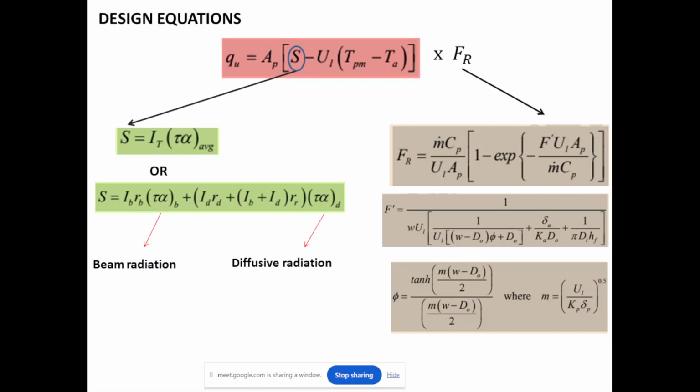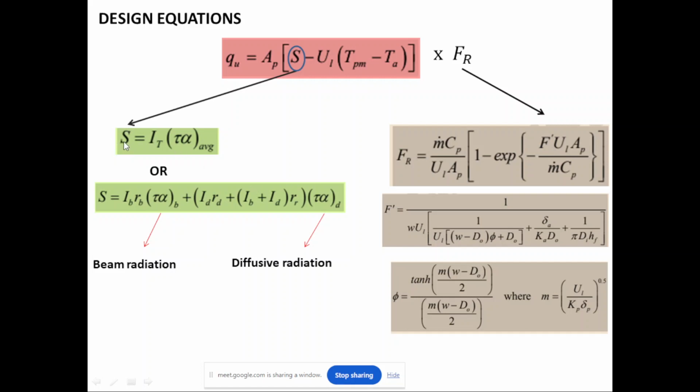So the plate where the solar radiation falls may not be at the same temperature, so we need to calculate the mean temperature. TA is your ambient temperature of the surroundings at that point in time, and FR is your heat removal factor.